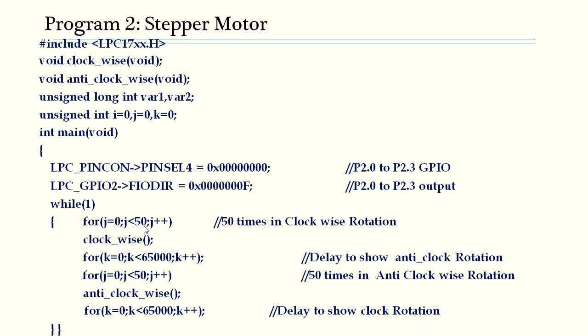So one step more or less is fine. So this is almost the program which can be used with small modifications for different step angles. If you want only clockwise, then eliminate the anti-clockwise part of the program. If you want only anti-clockwise, eliminate calling the clockwise function. Hope this is clear to you.